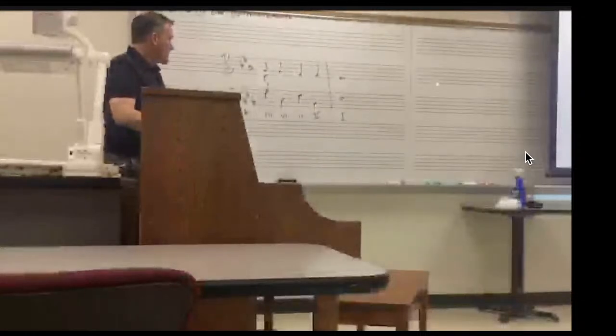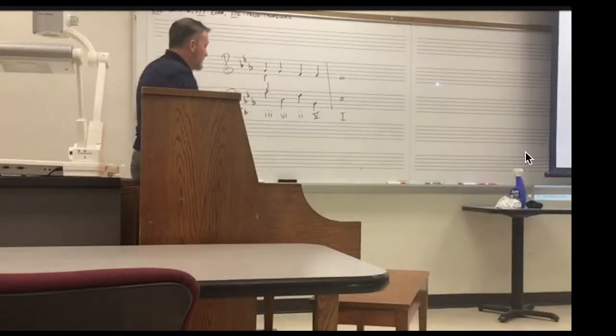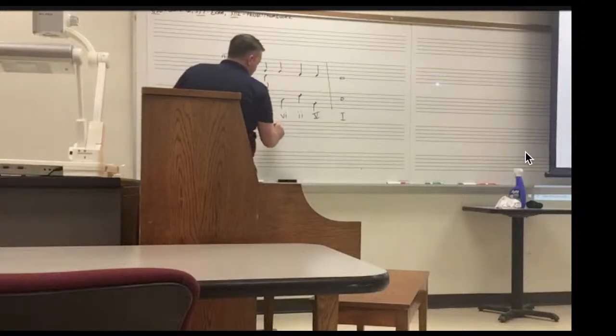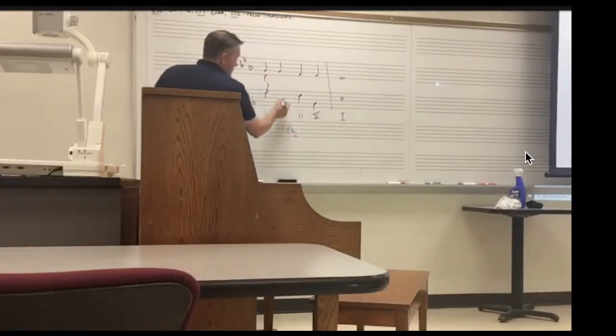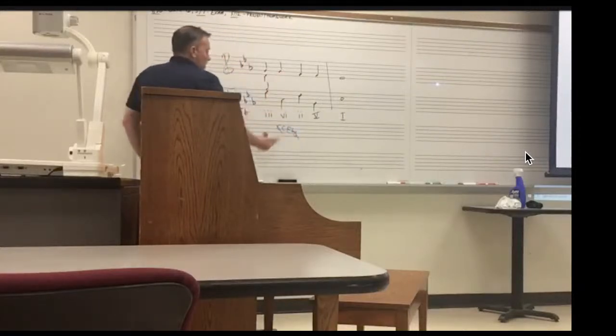So we use the common tone method. The G is our common tone. What notes are in our sixth chord in D and E flat? It would be C, E flat, G. So the C is already in the bass, the G is already in the soprano. We need to go to C with E flat.